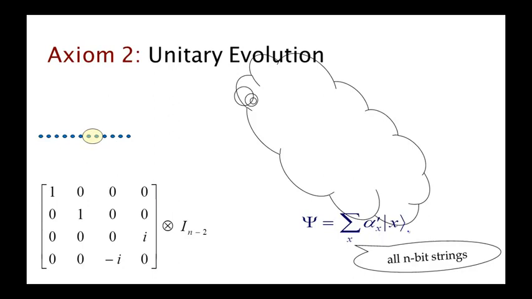Okay, so maybe let's take a closer look at what this might look like. So, for example, let's say that we had an n-qubit system, and we happen to apply a gate. Let's say we apply to this qubit a Hadamard gate.